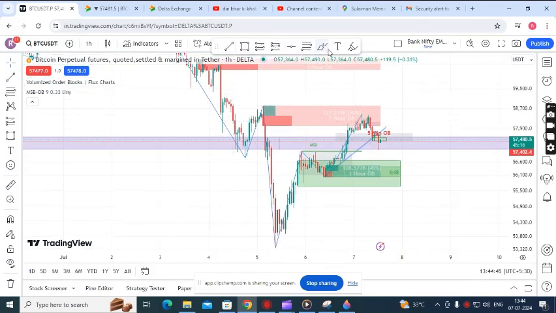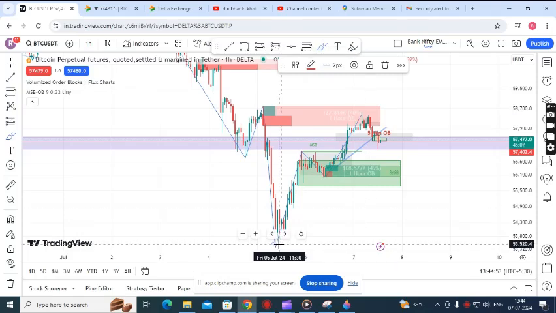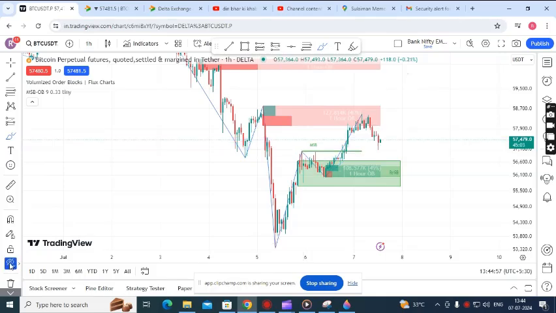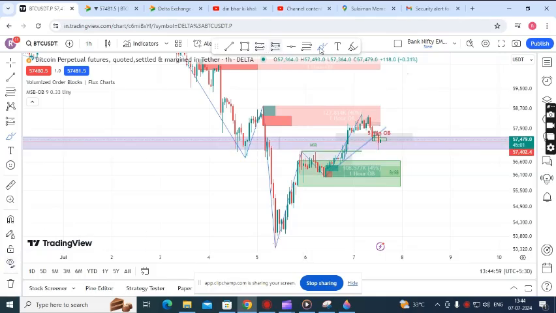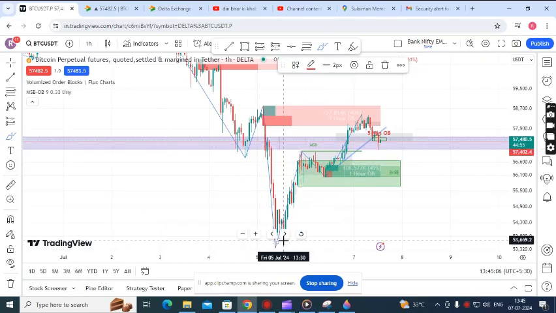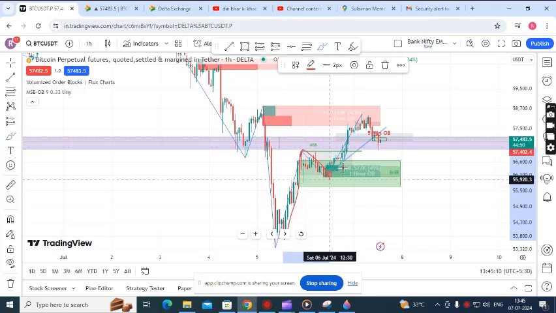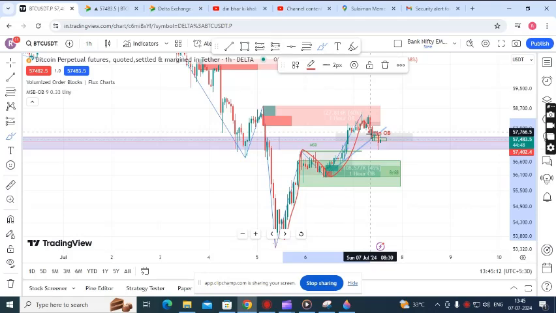So if you see here, we had this movement. I don't know why it's not working. I think I have to keep it dragging. Okay, A, B, C. Again, it has come here.